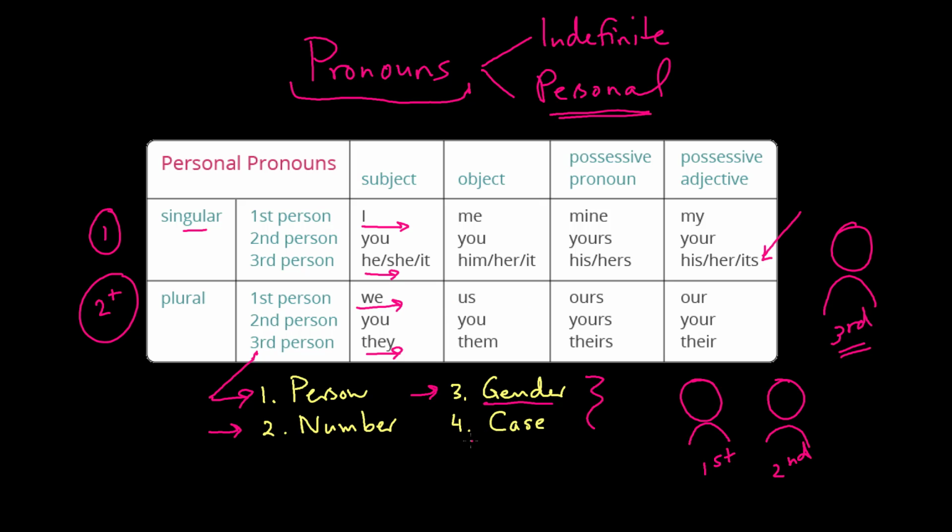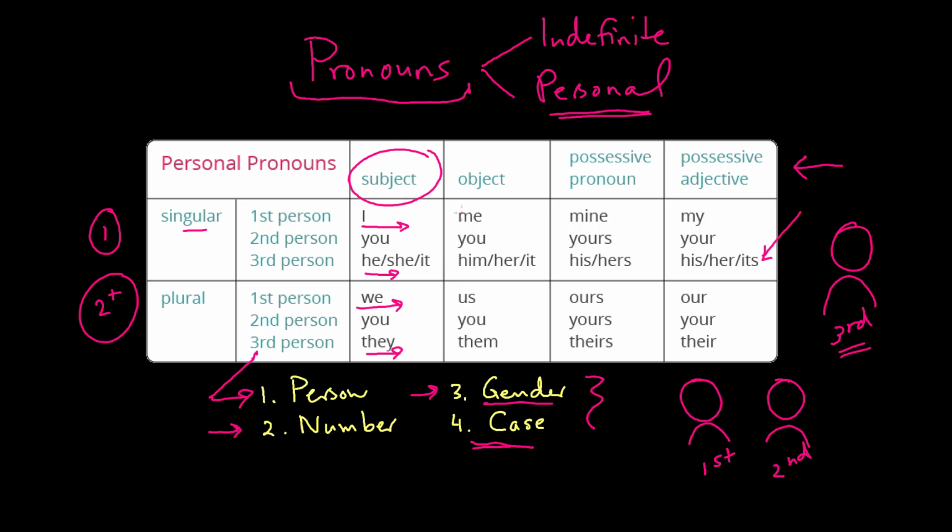And then the last one, and this is the trickiest one, I think, is case. So what we mean by case is the function of the pronoun in a sentence. And you can see that at the top here, as we've categorized these pronouns. So the subject is the pronoun here doing the action.